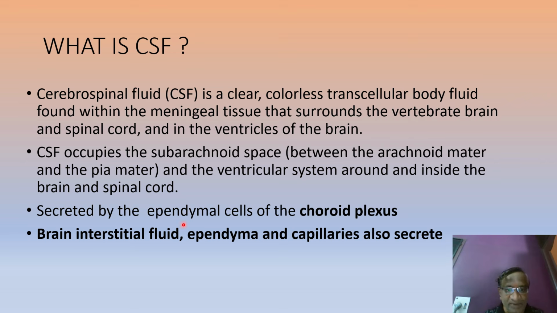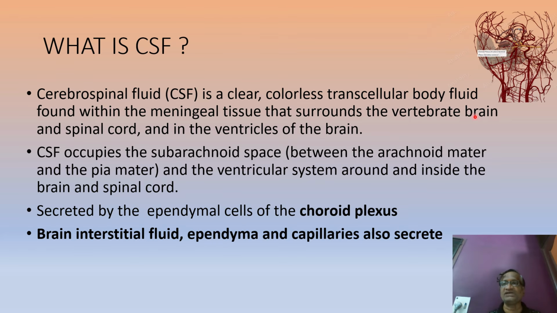It is secreted by the ependymal cells of the choroid plexus, and brain interstitial fluid, ependyma and capillaries also secrete. The tela choroidea of the third and fourth ventricles also contributes to the CSF. So what is the main thing? Ependymal cells of the choroid plexus.